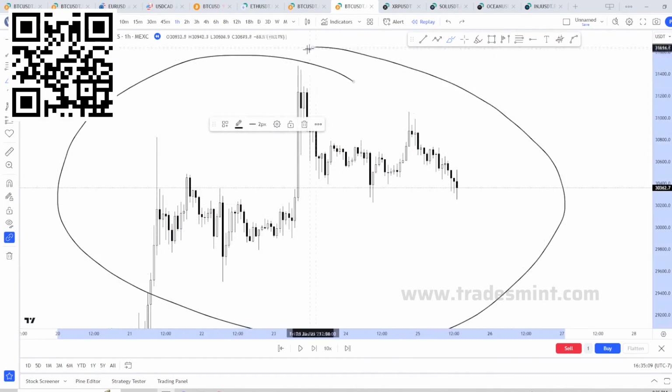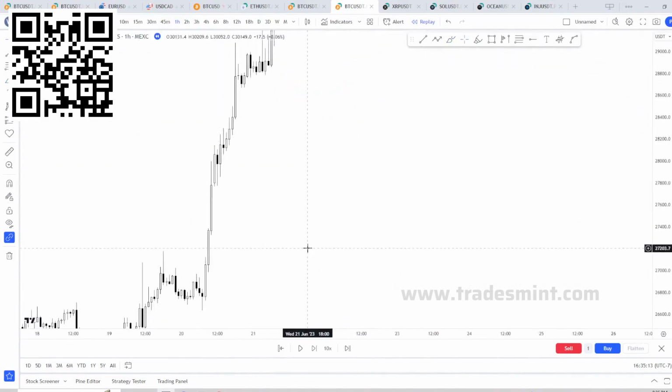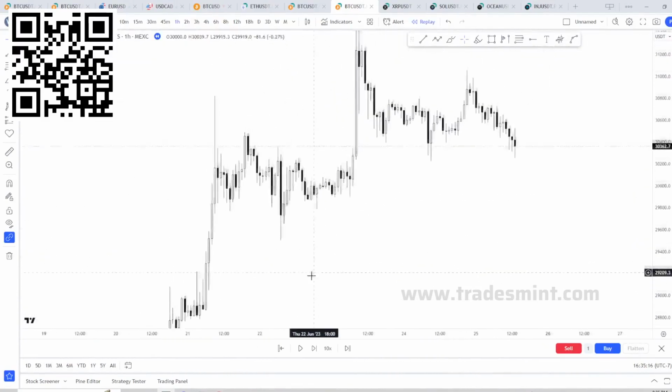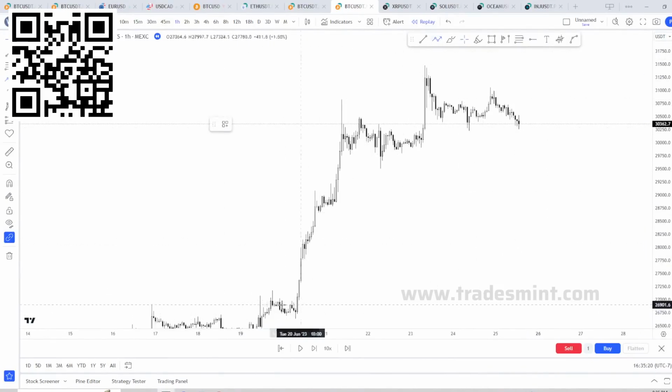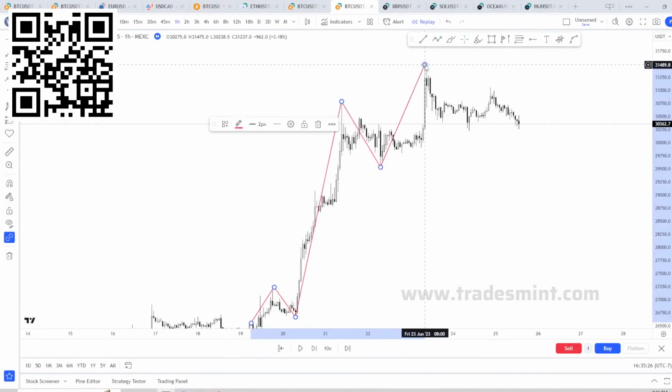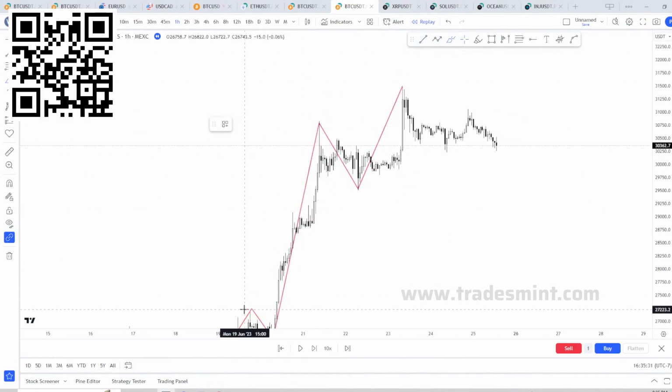So what we have in front of us here is the 1-hour chart on BTC. And as you can see, it is quite aggressive towards the upside. So we can call this 1-hour swing structure. If we were to take our path tool, we have a high, a higher low, a higher high, a higher low, and once again, a higher high. So what do we know about this? Well, we know that you have an uptrend because you have bullish break of structures here.